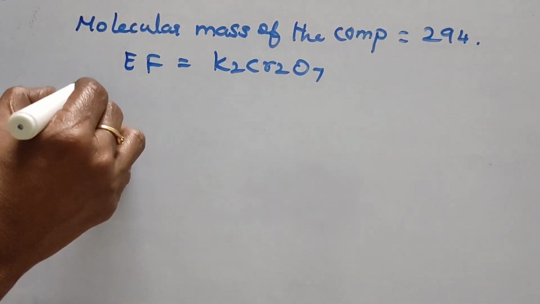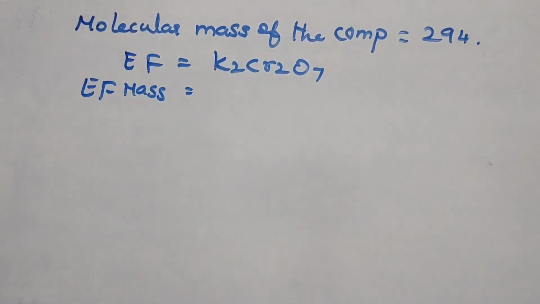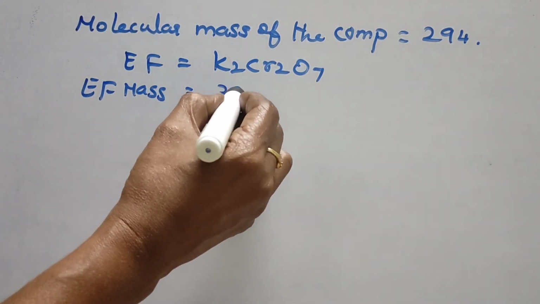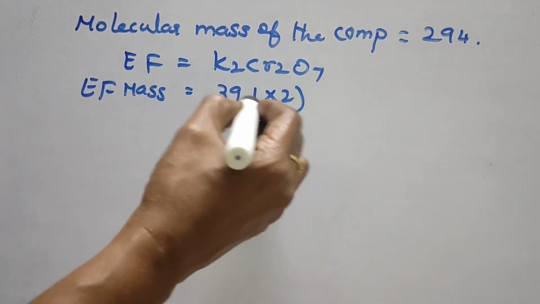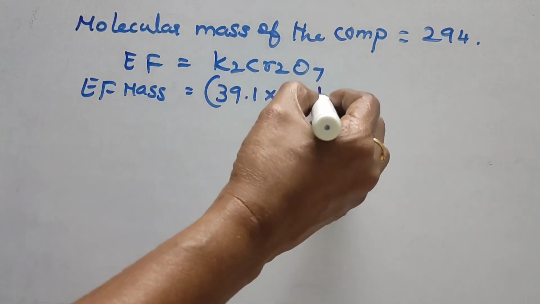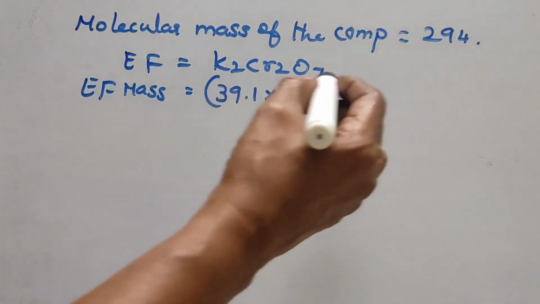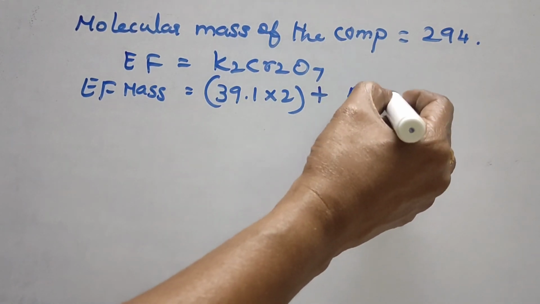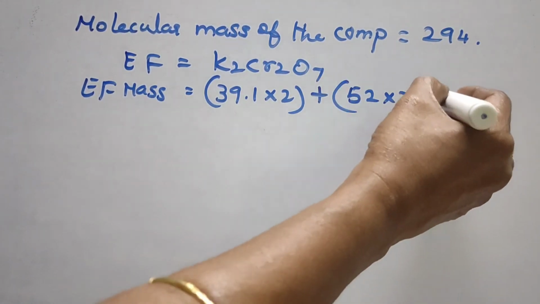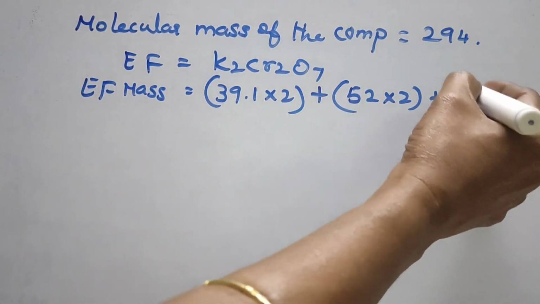From this we will find the empirical formula mass. What is the mass of potassium? It is 39.1 into 2, as 2 potassium atoms are there. Plus, what is the atomic mass of chromium? It is 52, already given. So 52 into 2, plus oxygen 16 into 7.